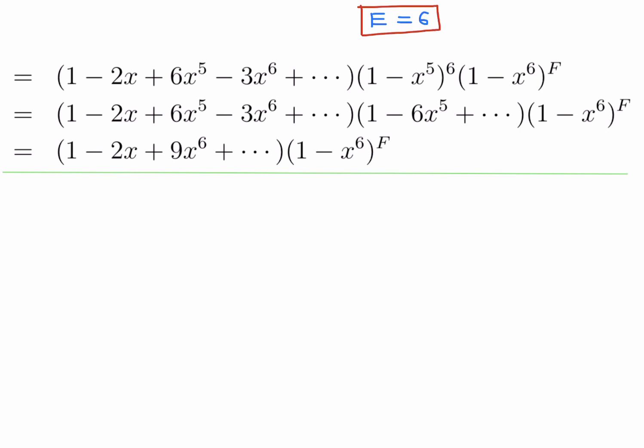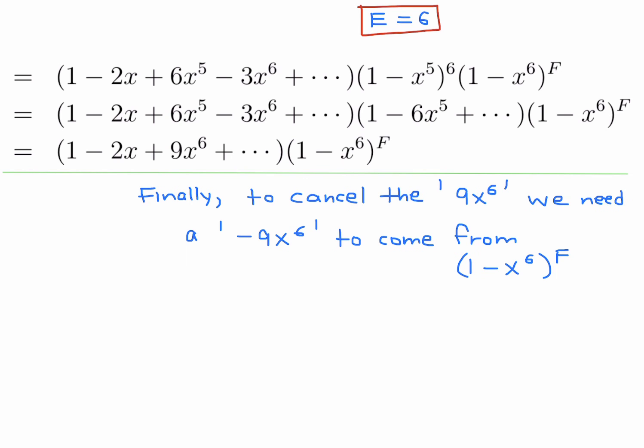And by this point, hopefully you get the hang of this, that there's no x to the sixth. So this 9x to the sixth must be canceled by a negative 9x to the sixth. That's got to come from there. So, as always, with this question, we have to use the binomial theorem to expand.